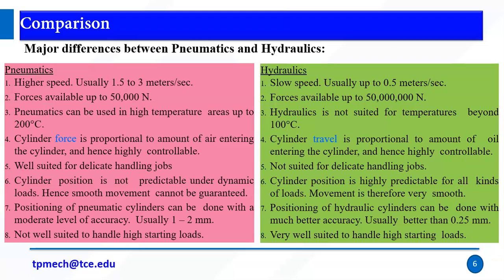We cannot get smooth movement of the piston or cylinder if we use pneumatics, but with hydraulics you can get smooth movement, because incompressible fluids are used. And positioning is also generally better with hydraulics.